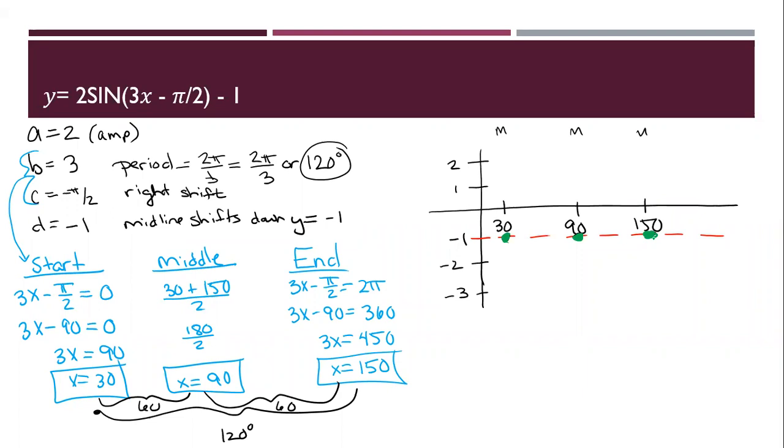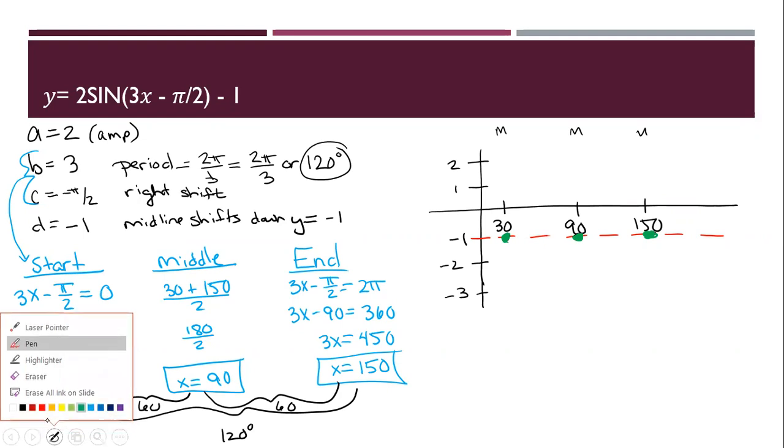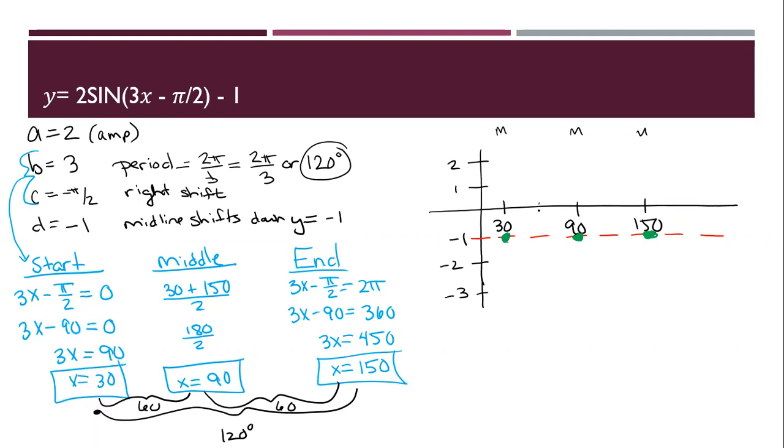In our parent function, from the beginning, we go up to hit a maximum. Well, we got to figure out where we go and how high when we get there. Well, then that happens right here in between 30 and 90.